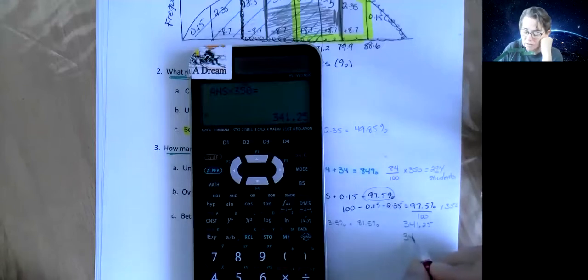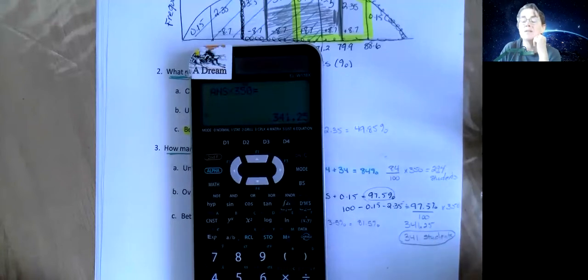The problem is you don't want to leave it like that. It's not 341 and a quarter students. The best thing to do is, for sure there's 341 students. I think the best choice when you're doing these is just drop the decimal part.